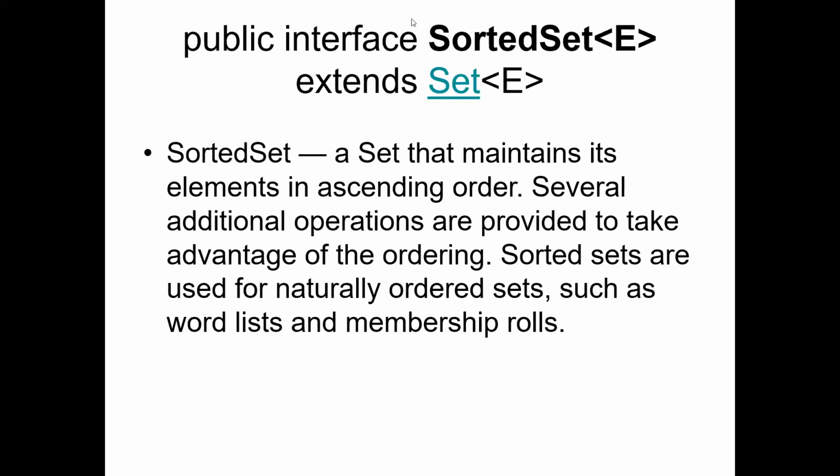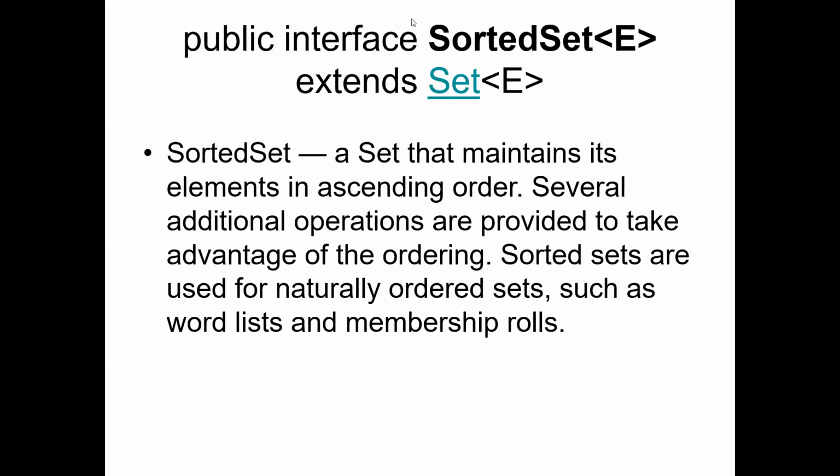The next interface in the collections is the Set interface. The Set interface extends the Collection interface and declares the behavior of the collection. The only difference between Set and other types of collection is the presence of duplicates. In a Set, duplicates are not allowed.